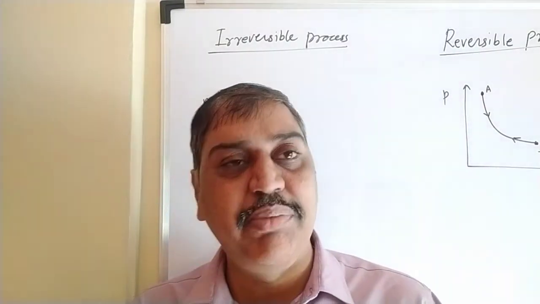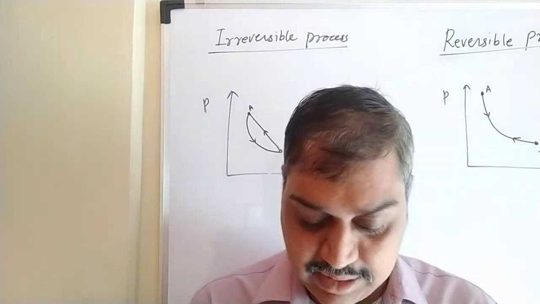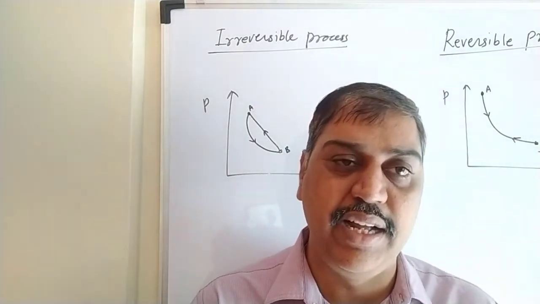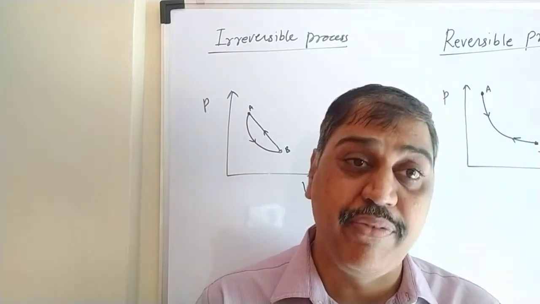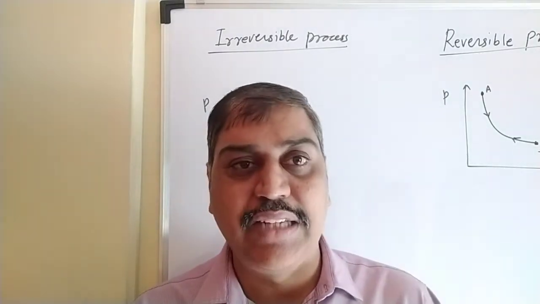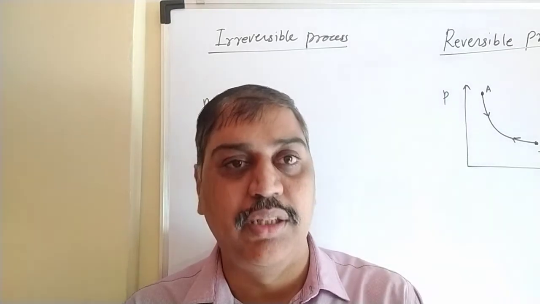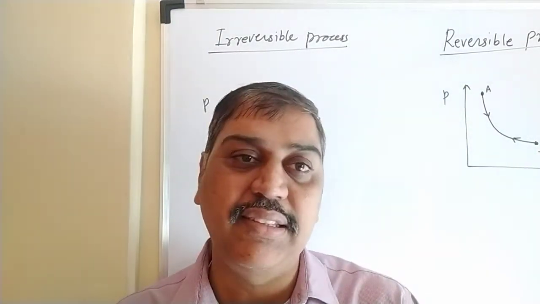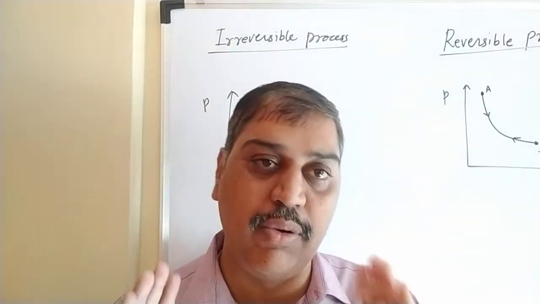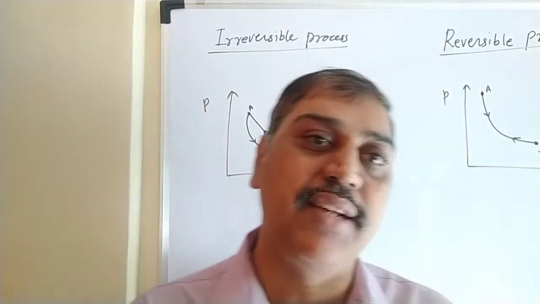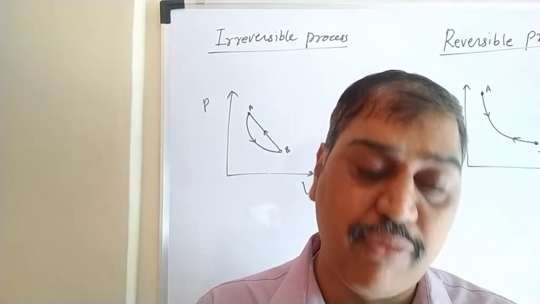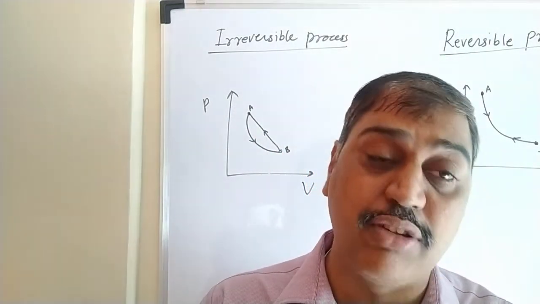Second, the system involved in all the processes must contain an ideal gas enclosed in a cylinder or chamber with a piston, and a frictionless, massless pulley attached to it. That is the second assumption. The gas must be an ideal gas, filled in a closed chamber with a piston and a massless pulley.